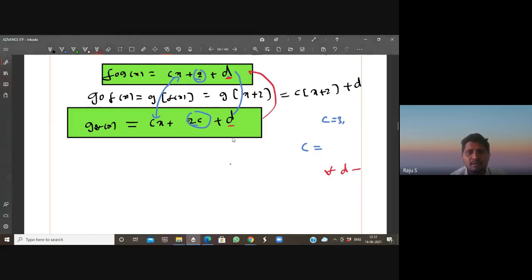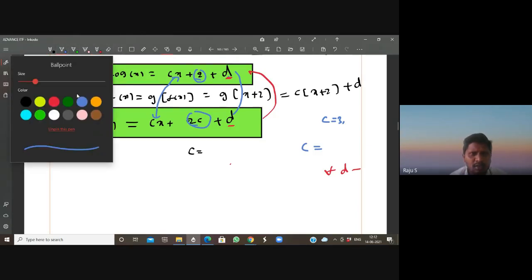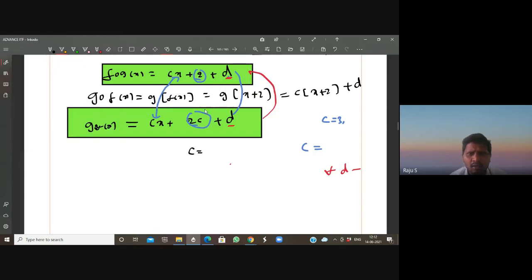Yes, students? When C is equal to what? When 2C is equal to 2.